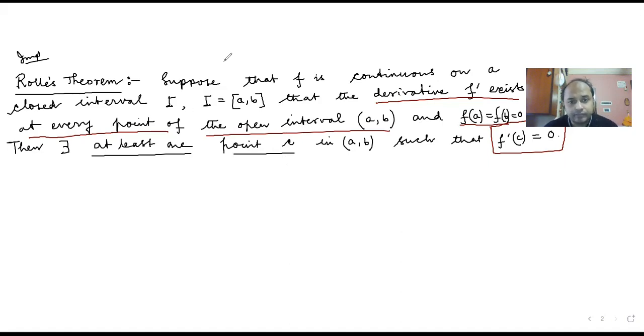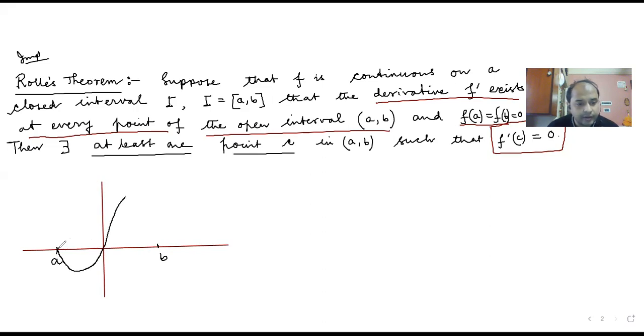The geometrical interpretation of Rolle's theorem is very important, and it is shown in the book. Although I'm trying to draw it over here, it is very simple. Suppose we have two points like this, and suppose we have a graph like this, within this interval.